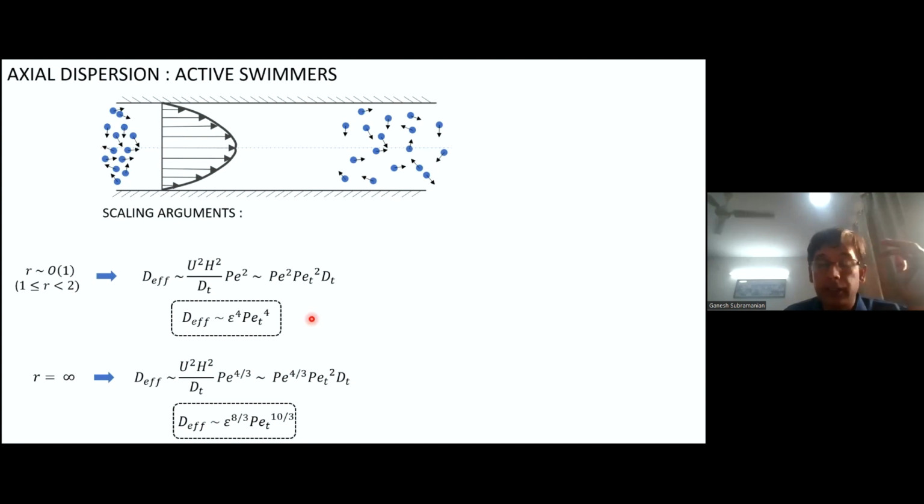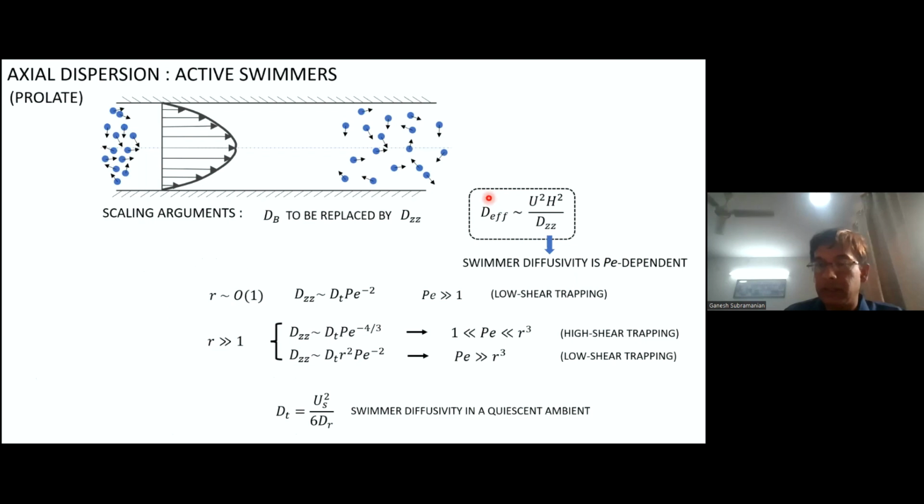It's even larger than the passive case, and that's simply because the diffusivity in the transverse direction has gotten smaller. It now scales like 1 by Peclet squared. For infinite aspect ratio, because the scaling is 4/3, you'll end up with a scaling of 10/3 rather than 4. But the idea is that the scalings, according to this argument, are immediately derivable, provided you know the scaling of the diffusivity in the transverse direction.